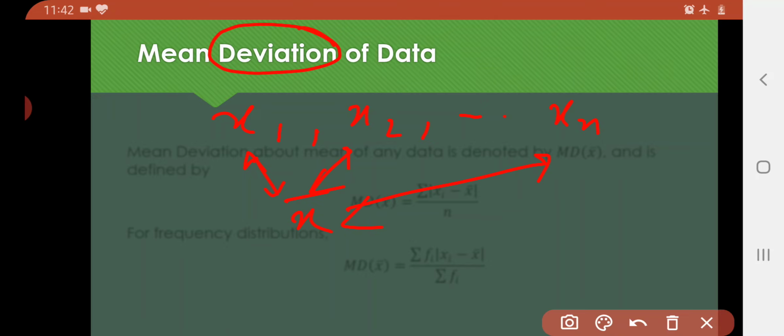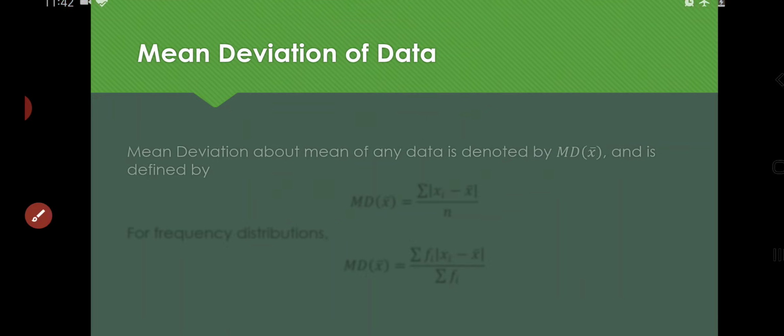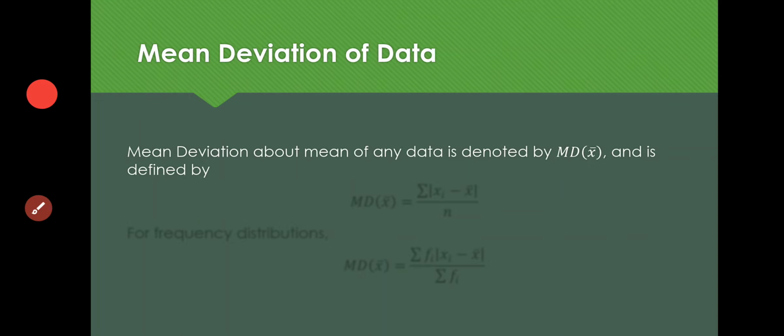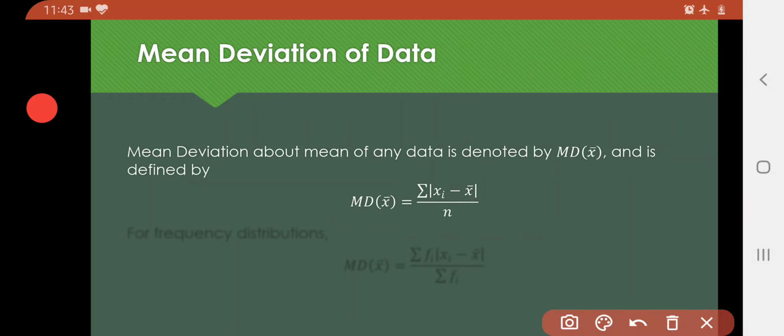To calculate mean deviation, say we have a discrete set of data. Discrete set of data means the data is given like x1, x2 up till xn. Then the mean deviation is equal to summation of mod of xi minus x bar, by n. N is the total number of observations.